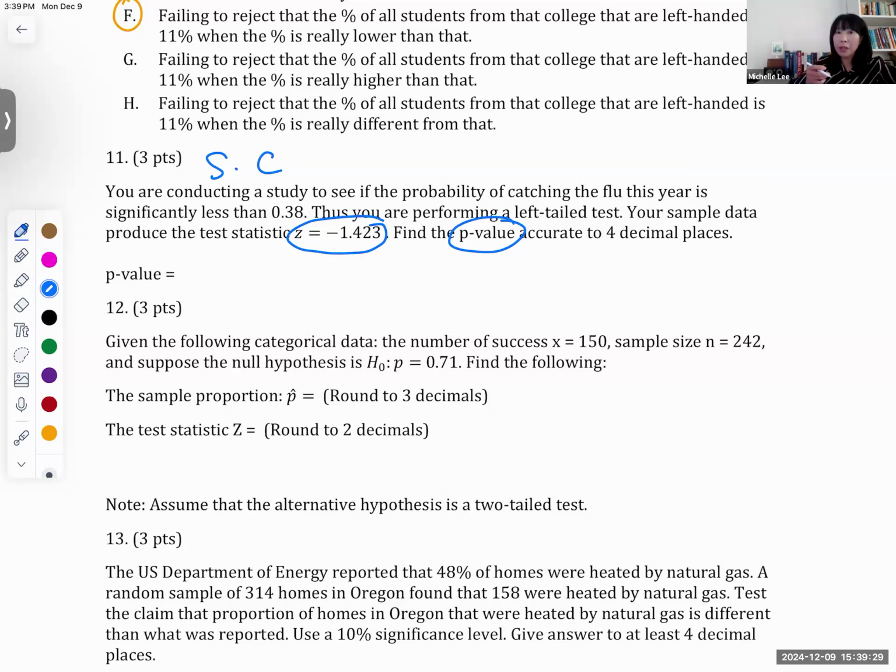But we have to understand what the p-value means, right? It's a tail probability. Since this z-score is negative 1.423, that means left tail.